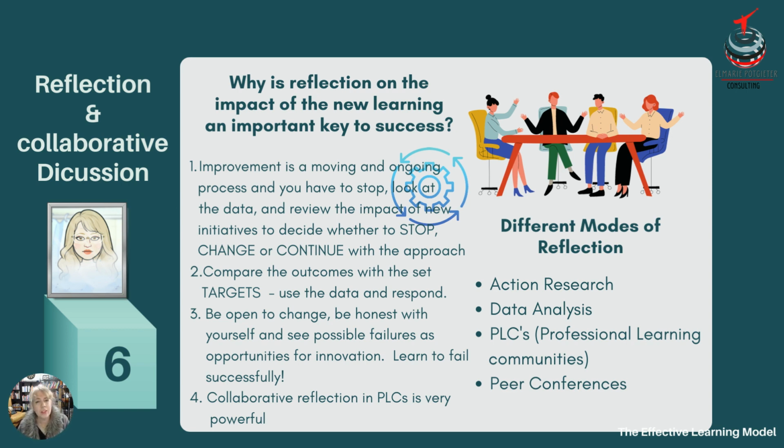And then once you've identified this, my challenge to you is writing a SMART target around this one thing that you have identified. So take some time with your colleagues, take a break, switch off the video, and write that SMART target.